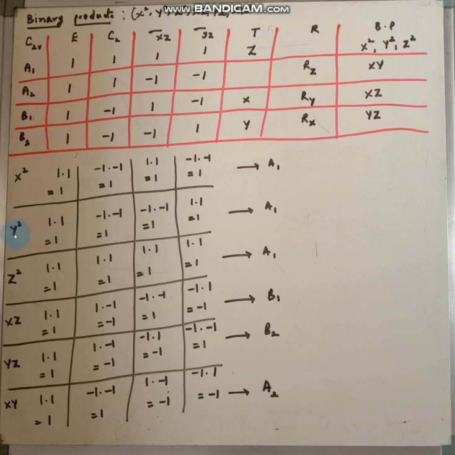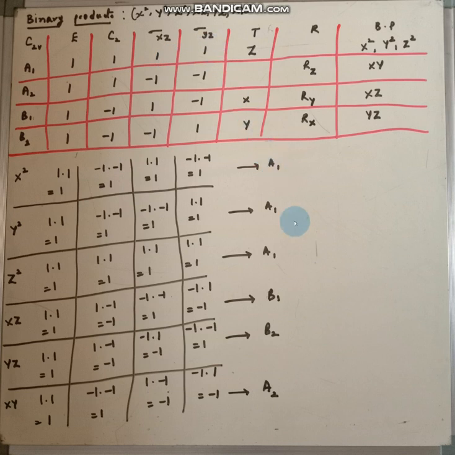Similarly, y square. If I choose y square, what happens? I should choose B2. B2 is 1 into 1, minus 1 into minus 1, minus 1 into minus 1, 1 into 1. So initially x square corresponds to A1. How does it correspond to A1? 1, 1, 1, 1, that is, all are symmetric.